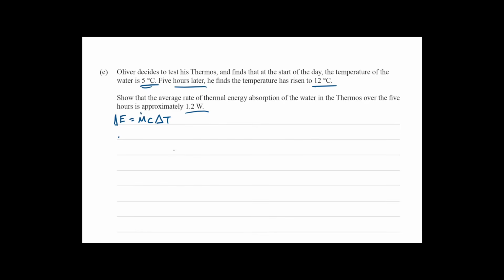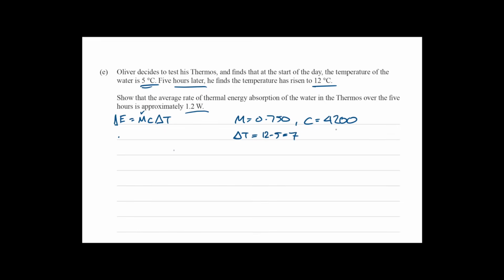The mass, we know what the mass is. So the mass is, what was it, 0.750 kg. We know that the specific heat capacity is given as 4,200 joules per kilogram, and the change in temperature, remember we don't really care which direction it's going, we're going to use the same amount of energy, is going to be 12 minus 5, so it's going to be 7 degrees Celsius.